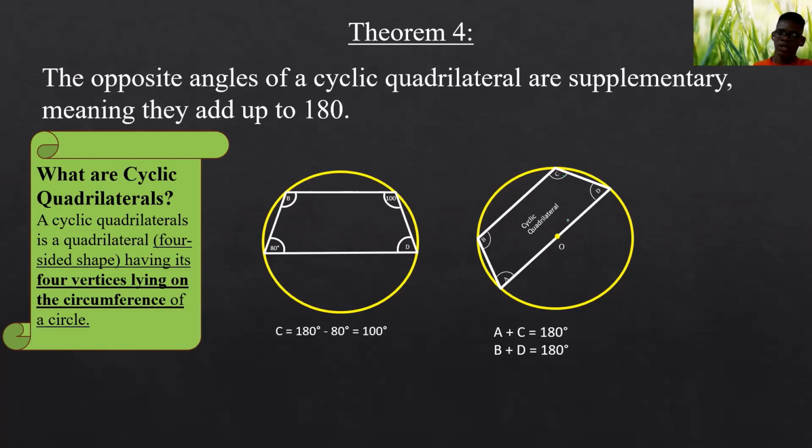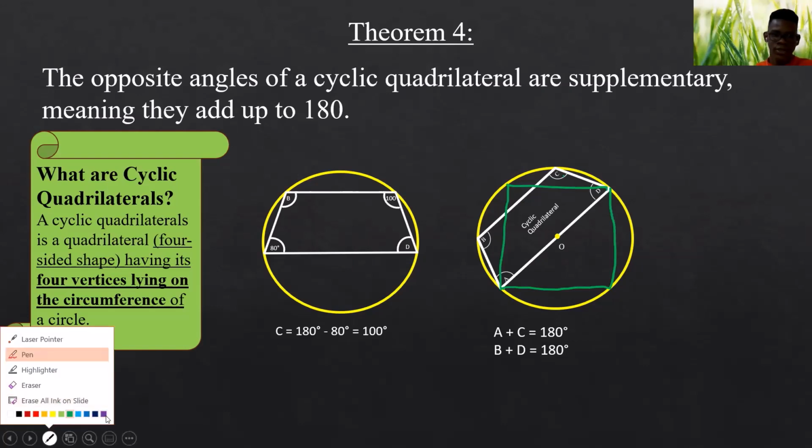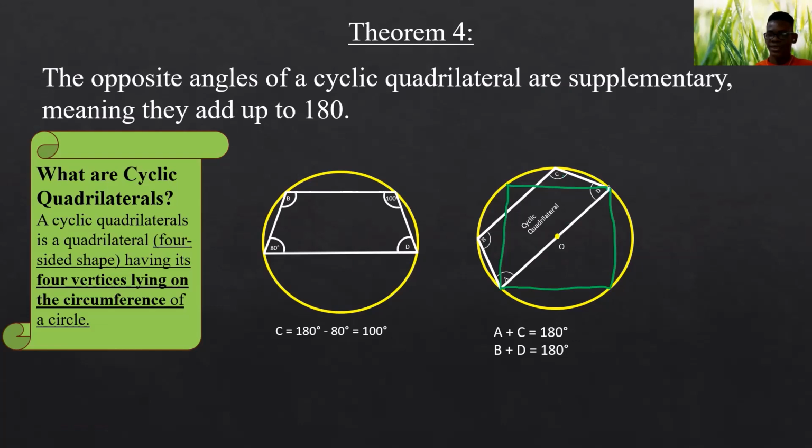Even though they could be 90, we can't apply Theorem 2 here because these angles are not standing on the diameter.